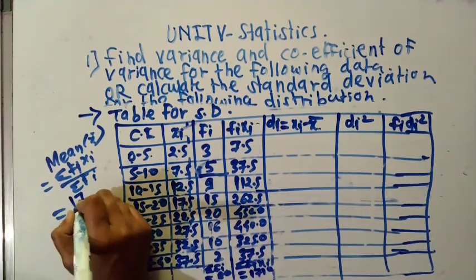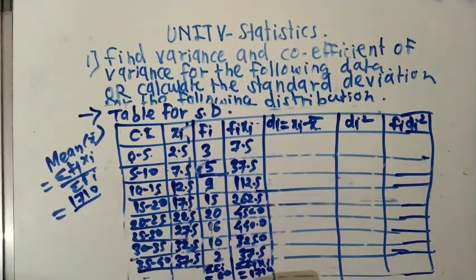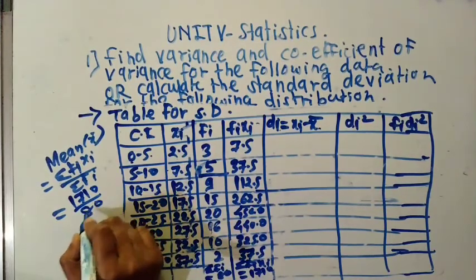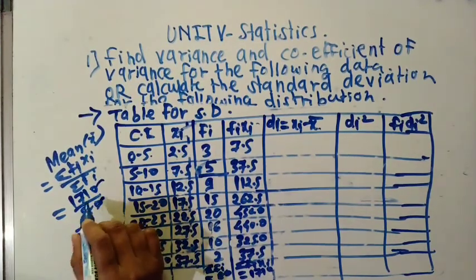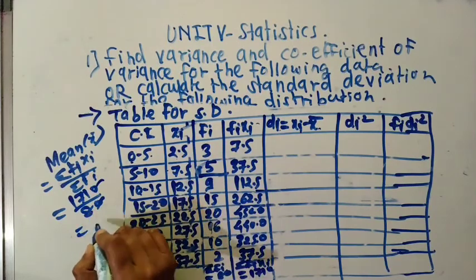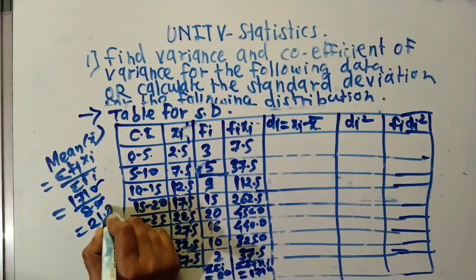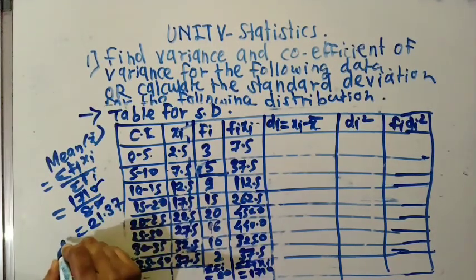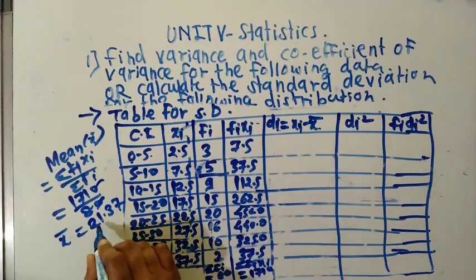Hence 1710 upon 80, so 171 upon 8 is 21.37. This is x bar.